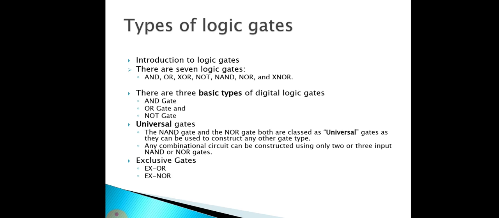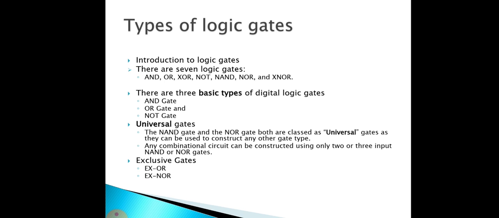Second operator is AND operator. The AND operation produces a high output only if all the inputs of a logic circuit are high. The AND operator represents logical multiplication. It is denoted by a dot between two variables to be multiplied.